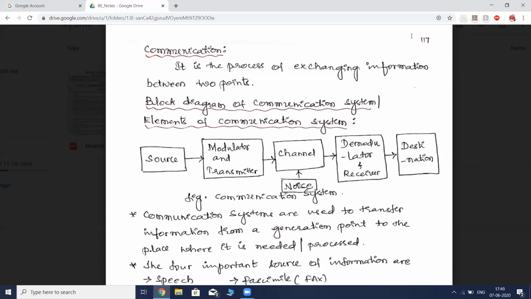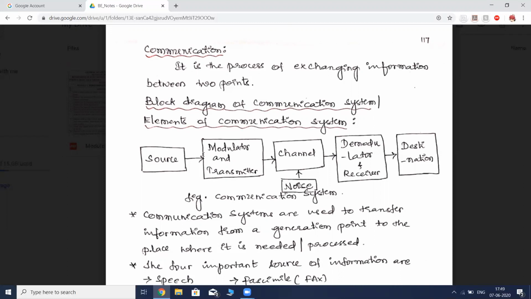You could see that here is a source that is going to generate the information that needs to be transmitted, and whatever the source is giving cannot be transmitted as it is on the channel. So some operation needs to be done on this information that is being generated.